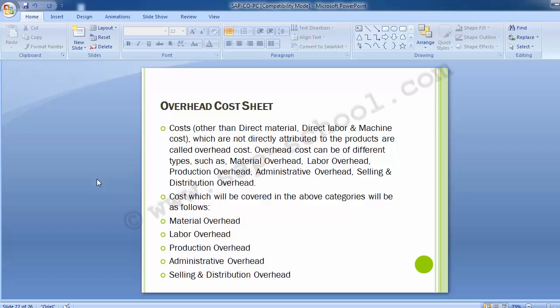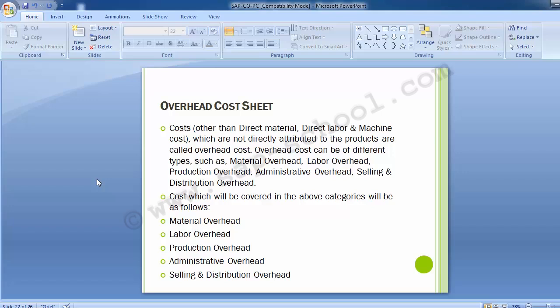Overhead rate condition is specified in the overhead rate column of the cost sheet, whereas credit, when a production order or a product cost collector is debited with overhead and the overhead cost center is credited, this overhead allocation is done through the overhead cost element specified in the credit column along with the cost center of the overhead row.